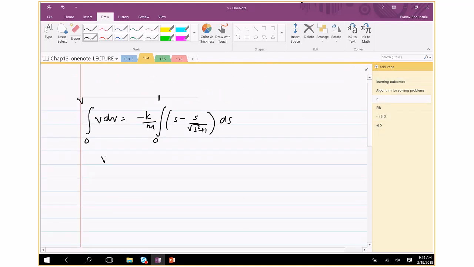So that's v squared divided by 2, with top limit v and bottom limit 0. S squared divided by 2 is the first integral. Anybody remember how to integrate s divided by the square root of s squared plus 1? You have to use s squared equals t, so s ds is dt, and do it that way.